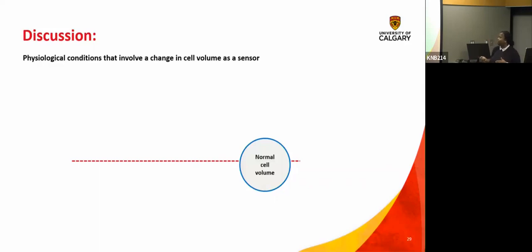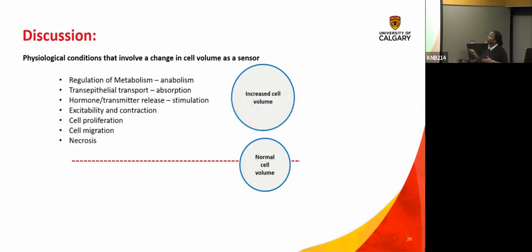So if you have a normal cell, and then a cell that has an increased volume, when you go through literature, you can see that increased volume has been linked to what we call anabolism. I call anabolism good metabolism.